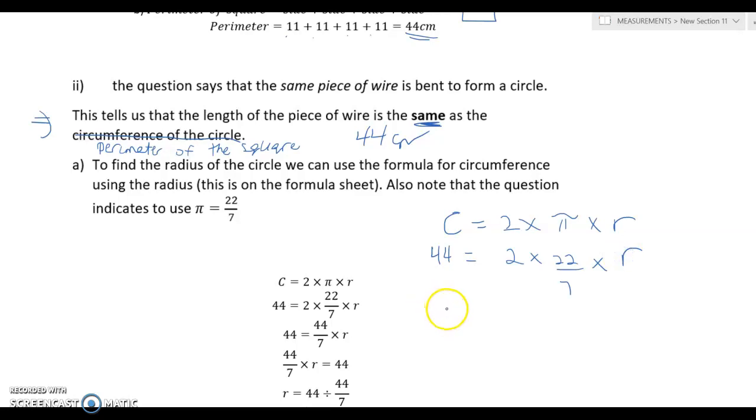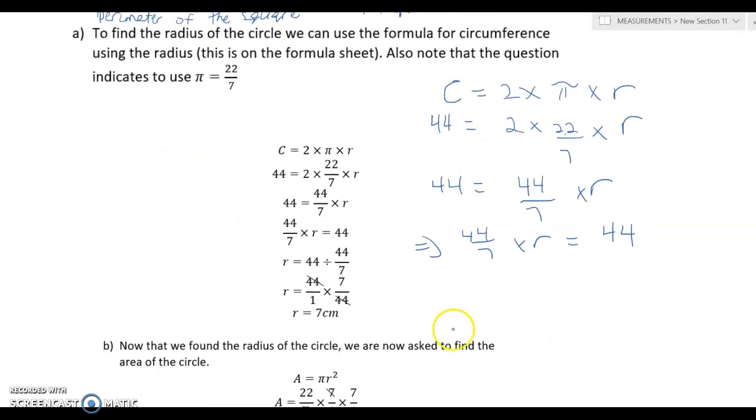So let's reduce it a little bit. 2 times 22 is 44, so it's 44/7 times r. Now I can write it as 44/7 times r equals 44. And now r would be 44 divided by 44/7. Division becomes multiplication, you have to change division to multiplication like what I did here, and you flip the second fraction.